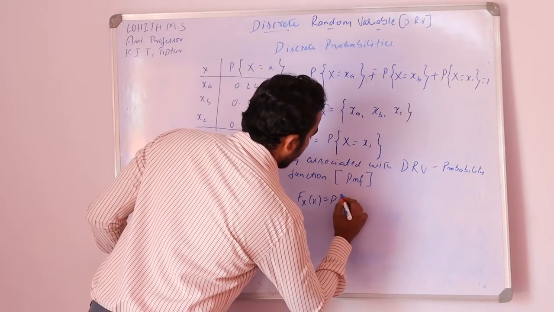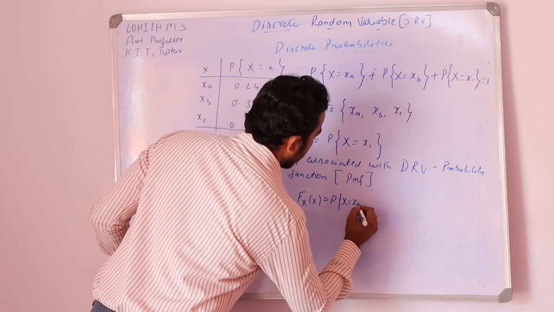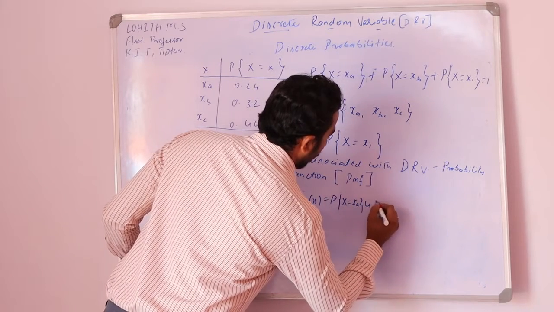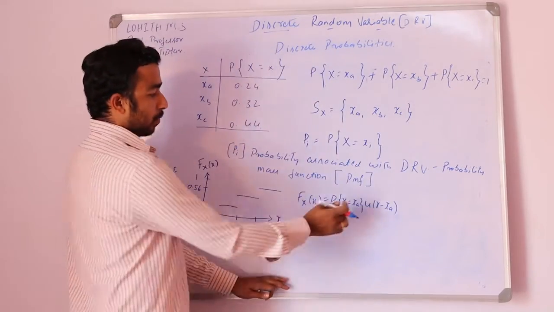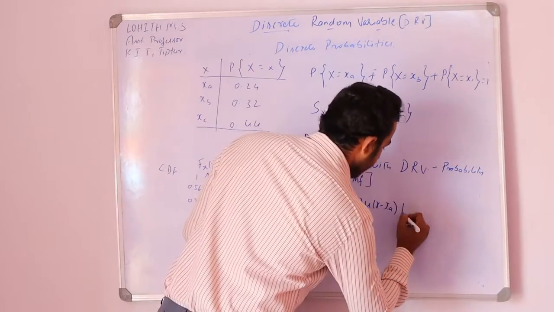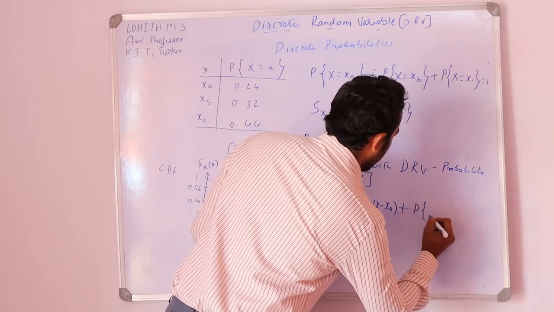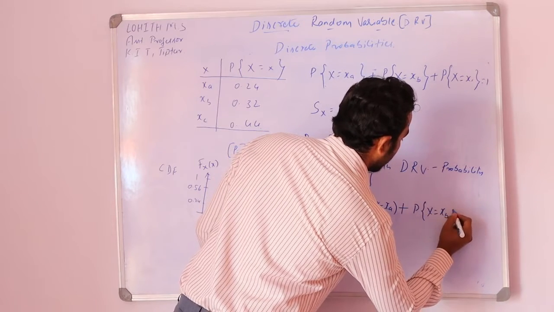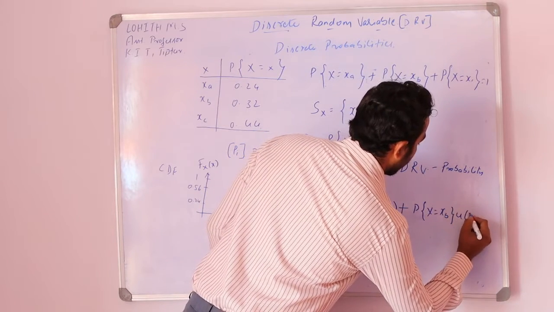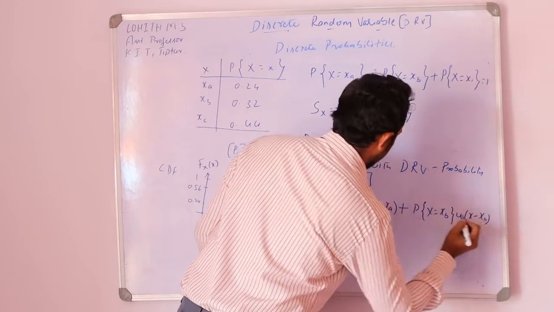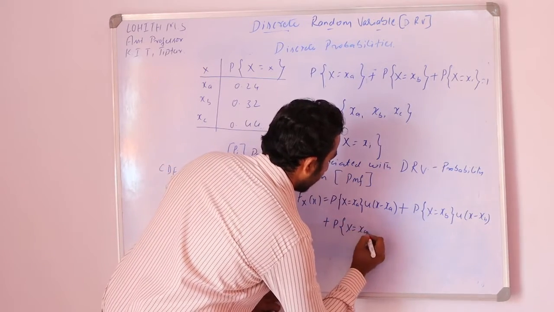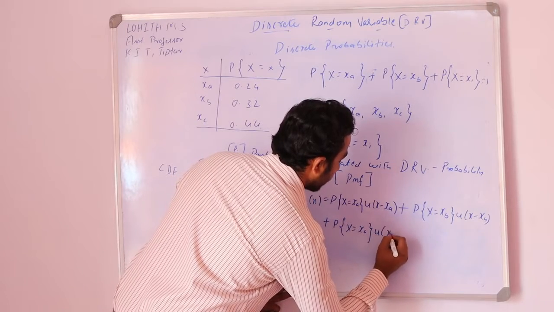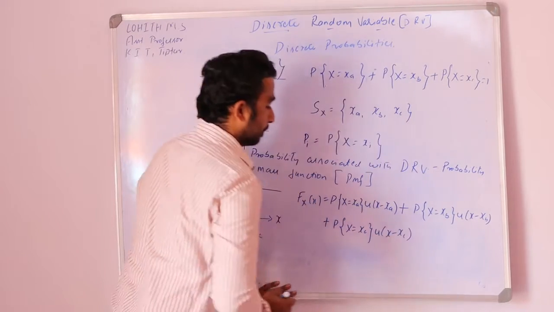probability of x is equal to xa, u of x minus xa, that is the unit step function, plus the probability x is equal to xb, u of x minus xb, plus the probability x is equal to xc, u of x minus xc.